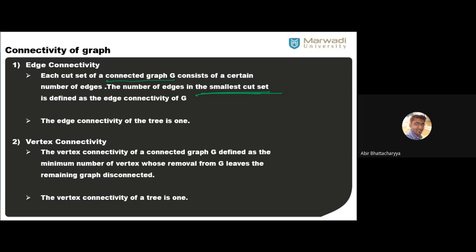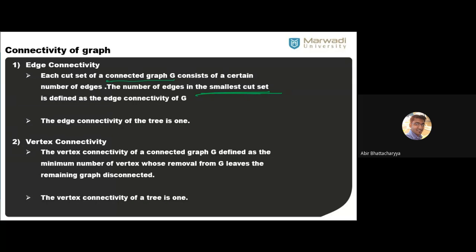If I remove one vertex, all the incident edges are removed automatically, whether that vertex has 1 edge, 2 edges, or 3 edges. Are you getting my point? So if I remove the minimum number of vertices, suppose for a graph I remove one vertex and make the graph disconnected, what is the vertex connectivity of the graph? 1.